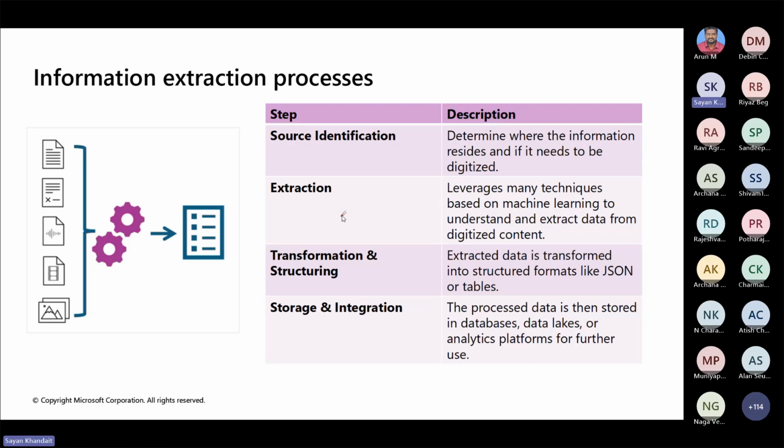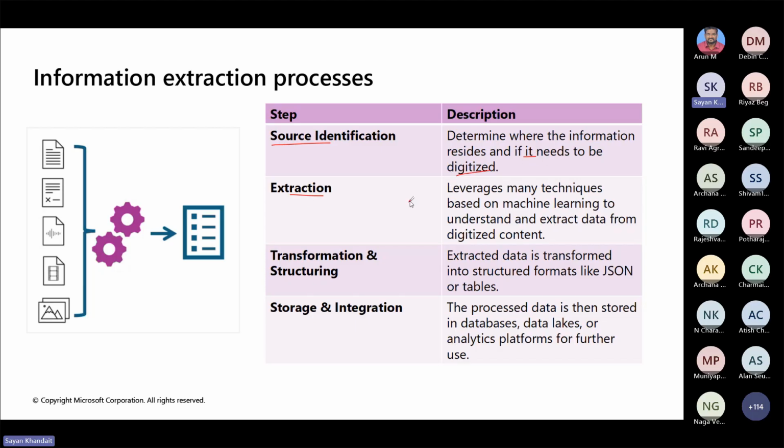Now, the exact process that is followed for information extraction is, first of all, whenever these models need to be trained, the first thing that is done is source identification. First of all, it needs to be determined where exactly the information resides and whether it needs to be digitized or not.